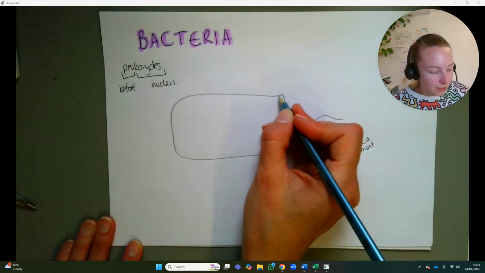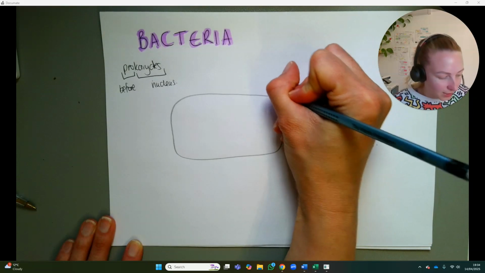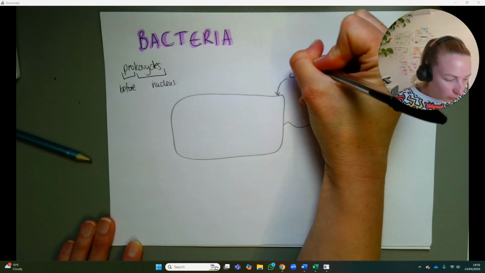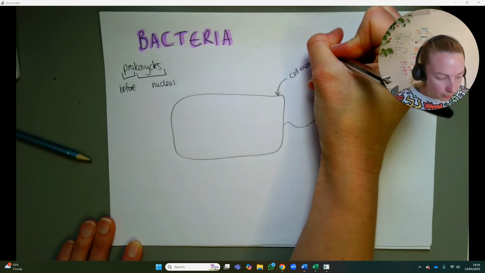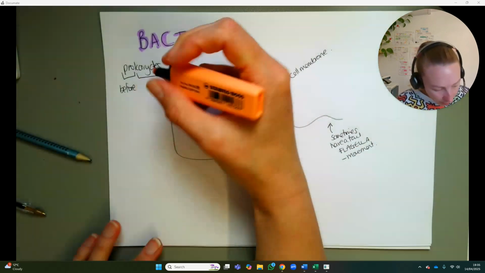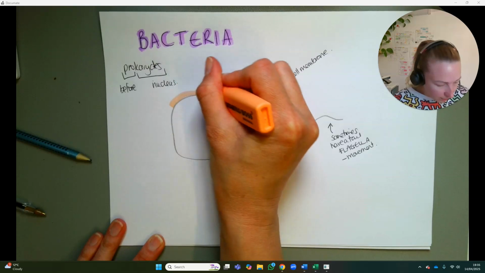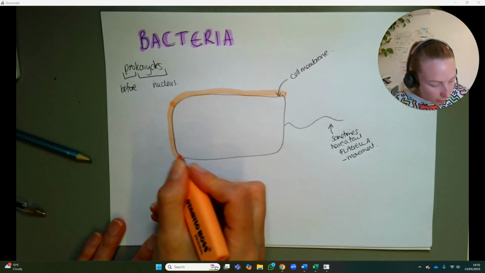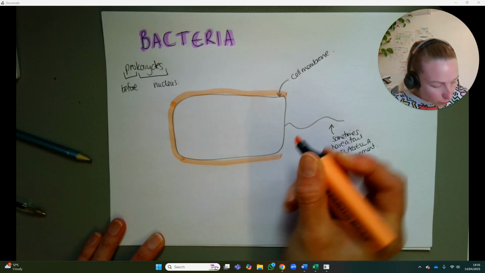It also has this holding everything inside. This is our cell membrane. And we know that cell membranes control what goes in and out of the cell. They also have, around the cell membrane, again, different bacterial cells are different, but around the cell membrane is a cell wall.